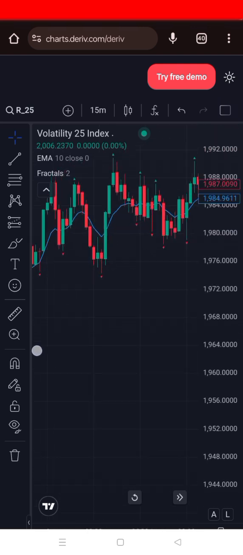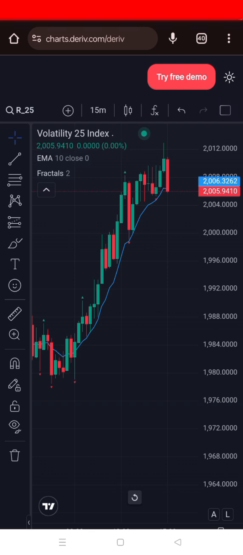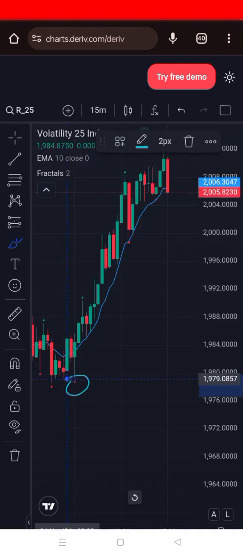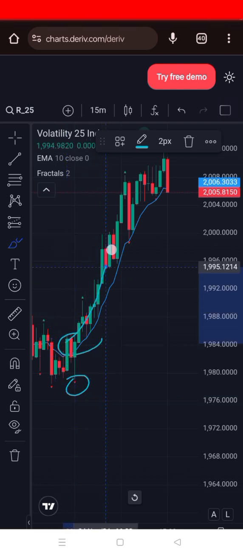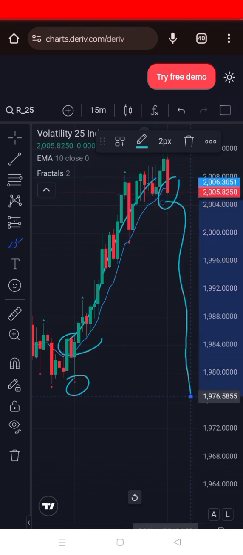After you set everything, look for a bullish engulfing pattern where the candlestick closes above the EMA. This indicates a potential shift to an uptrend, or a continuing existing uptrend. Then you can enter a buy trade at the close of the engulfing candlestick.